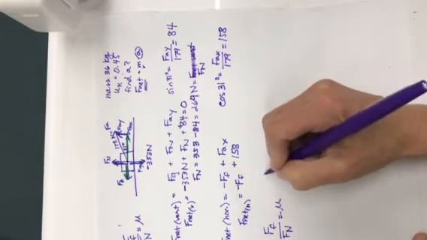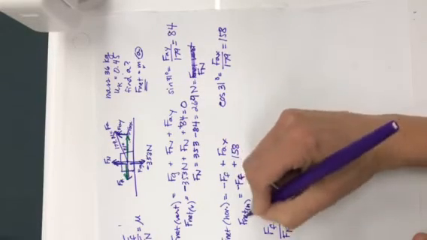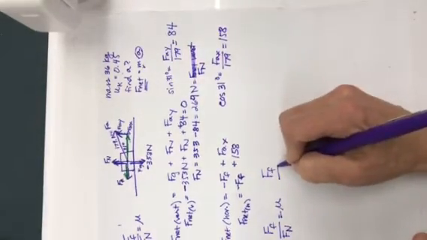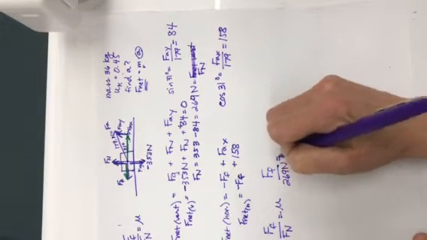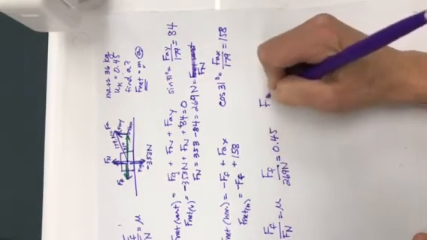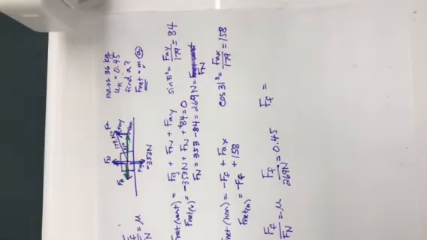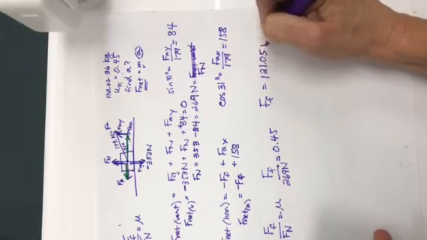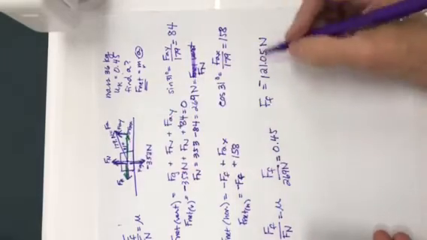My force of friction would be a great thing to solve for here because then I can figure out my horizontal force, which is where that acceleration is. So divided by the F_N that I just calculated equals 0.45. To solve for that force of friction, I multiply 269 times 0.45, and we get 121.05 newtons, negative because it's going against that applied force.